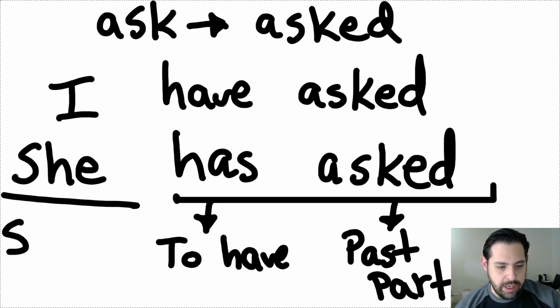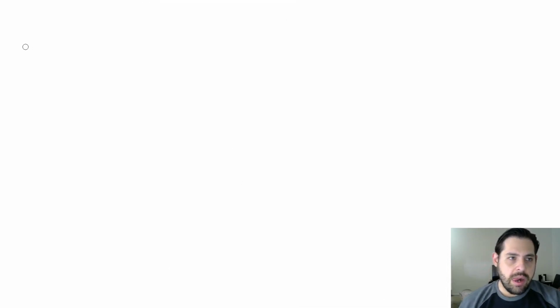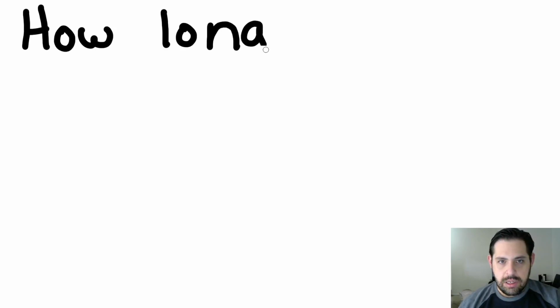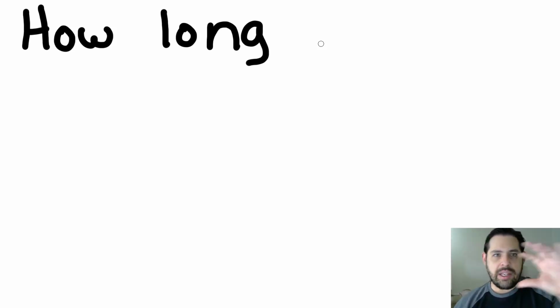So now how do I formulate the question for how long? Well, how long? We're going to use how long with the present perfect. Now, the present perfect, in order to use it with how long, we just saw that the present perfect, we say, for example, I have, she has, okay?